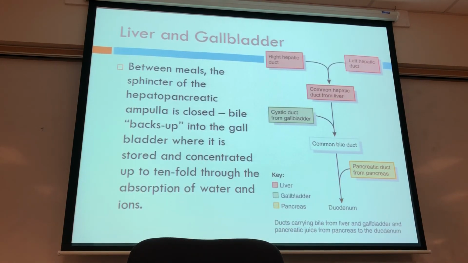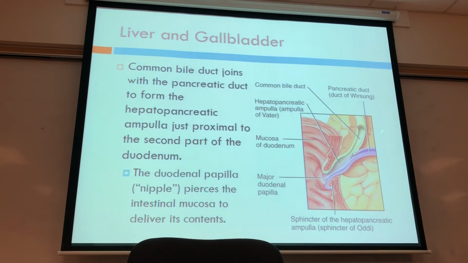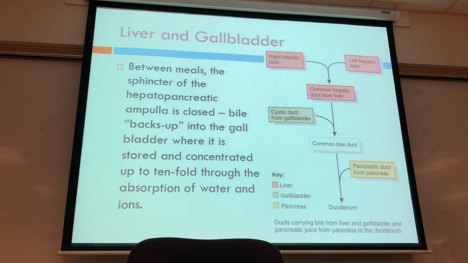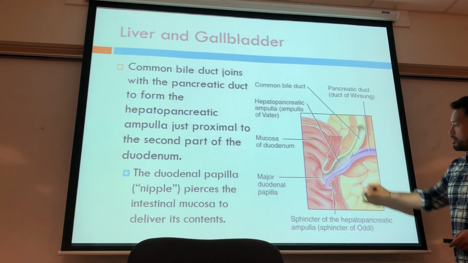In this process, we're not constantly releasing bile into the small intestine. We do have to regulate it. In between meals, when we don't have food passing through, that sphincter is typically closed up.